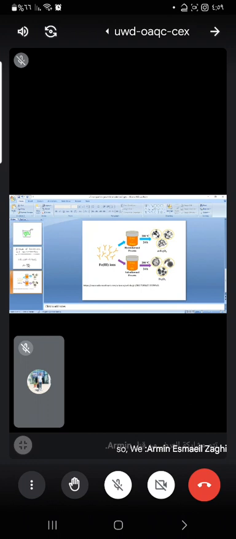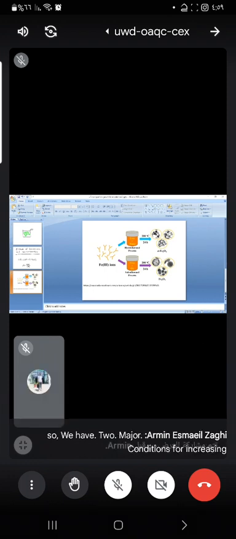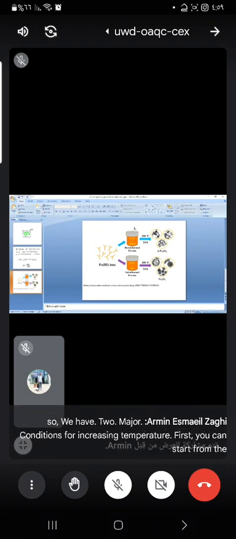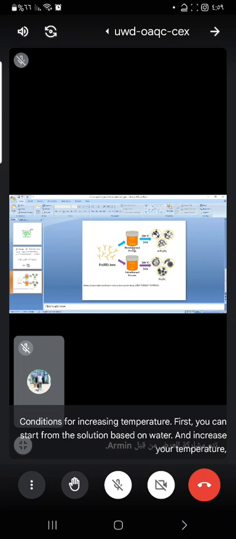We have two major conditions for increasing the temperature. First, you can start from a water-based solution and increase your temperature. It's called the hydrothermal synthesis process.